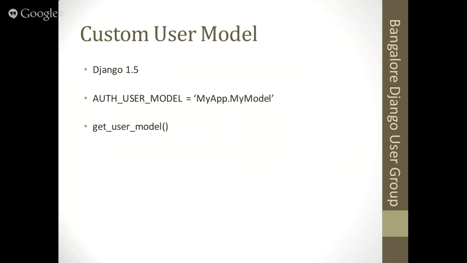Before, when we wanted to refer to the user table in a foreign key, we would import the model from django.contrib.auth.models. But now we have a function called get_user_model. This will return the current user model which is being used, and we can use this in any foreign keys for user references.